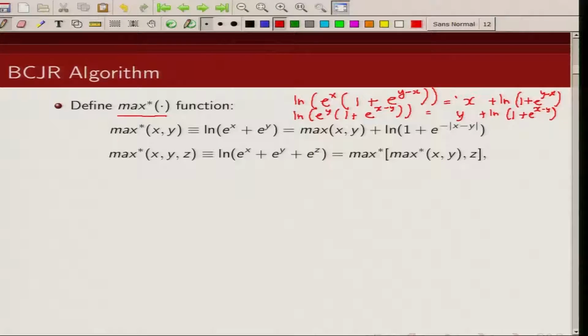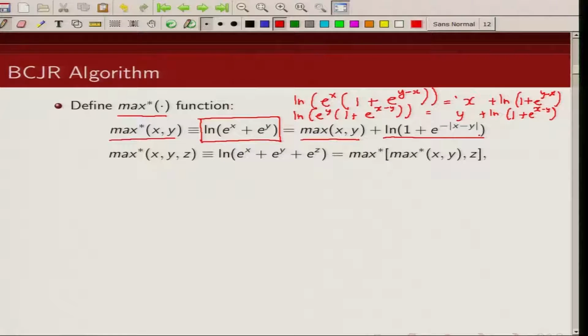Or I can write this max star of x and y as the maximum of x and y plus the natural log of 1 plus e raised to the power minus the absolute value of x minus y, right. So, whenever I have to take the log of terms of this form, I can implement it simply as the maximum of these two operands x and y plus a correction term, which can be implemented with a table lookup. And this operator can be extended to more than 2 operands.